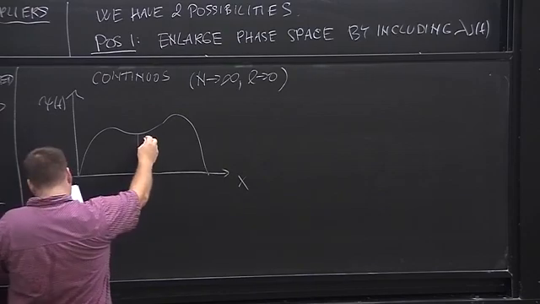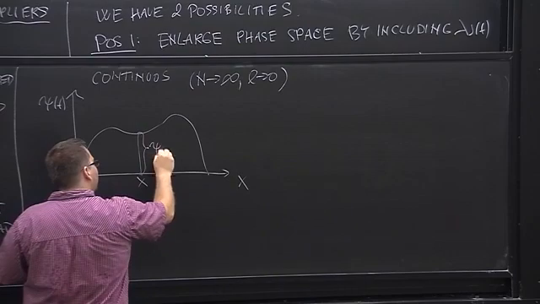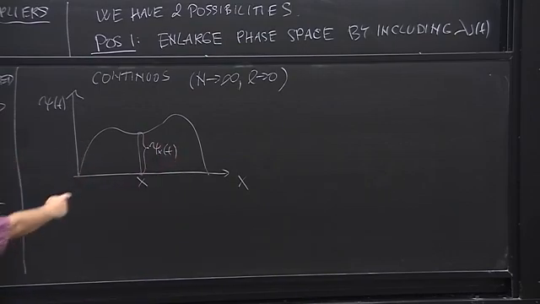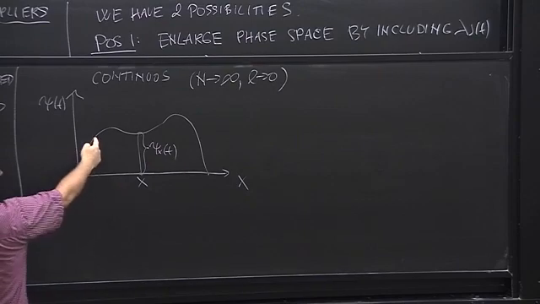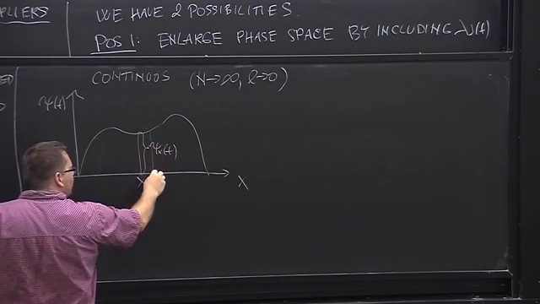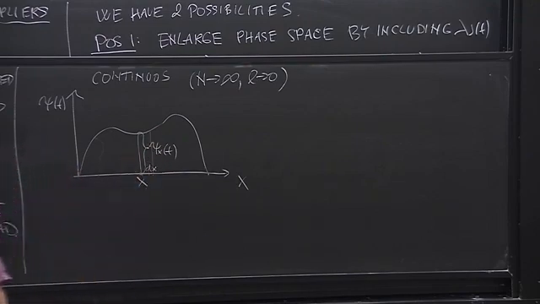And then the displacement here will be psi at that position x of t. And then I'll have another one, psi x prime at t will be this thing here, and so on. And so the next one will be the distance dx away, and that will be x plus dx of t and so on.